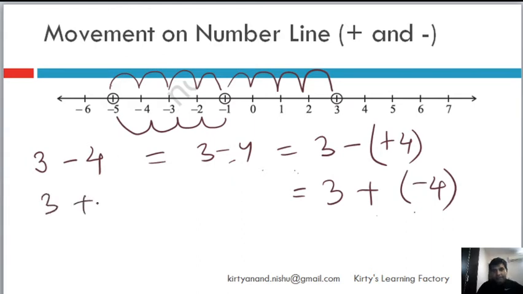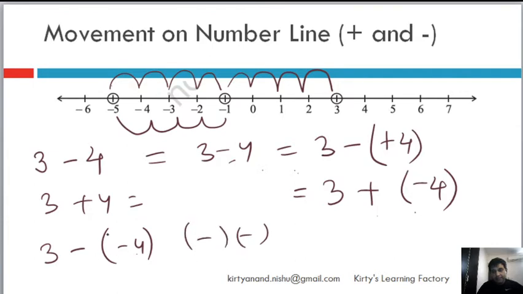If it is 3 plus 4, obviously nothing changes. But if it is 3 minus minus 4, for minus minus, you have to make it a plus, so it will be 3 plus 4. So what we are saying is that we are subtracting a negative of 4 from 3, which means we are actually adding 4 to it, right?